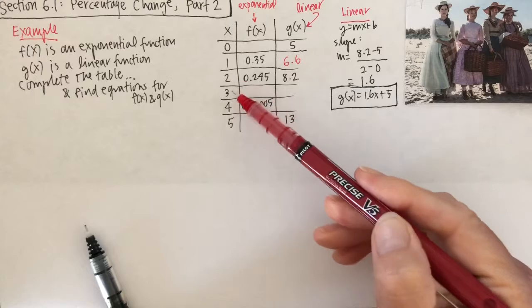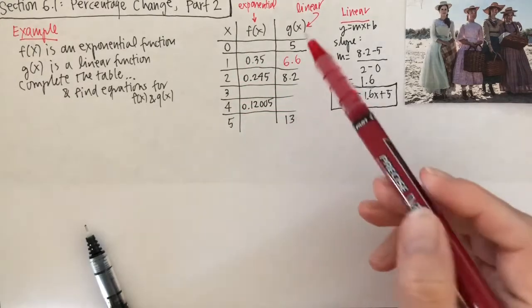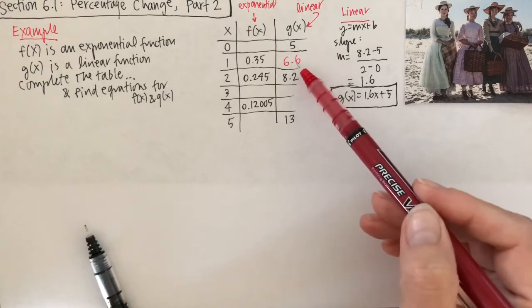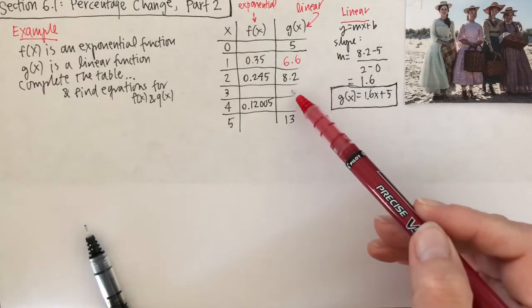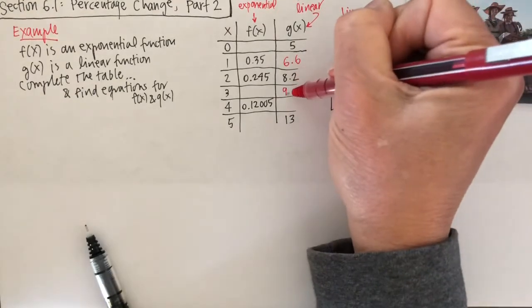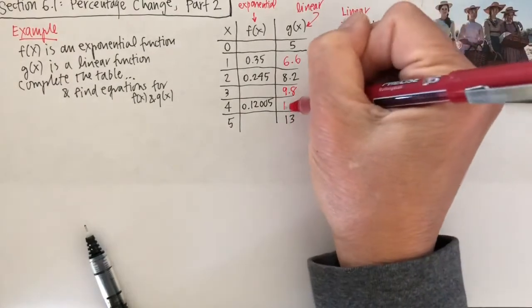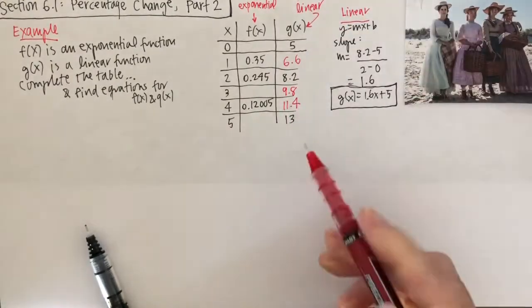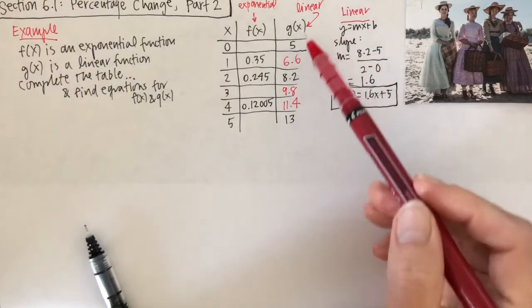Because these are evenly spaced values, these will be evenly spaced in a linear function. So I can just jump ahead 1.6 each time. So 5 plus 1.6 is 6.6, plus another 1.6 is 8.2, plus another 1.6 is 9.8. And plus another 1.6 is 11.4, plus another 1.6 would get me to 13. Okay, so this is the linear function.